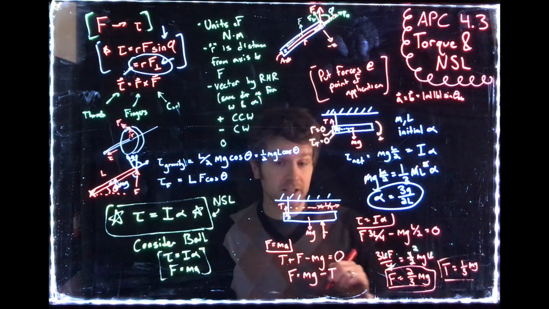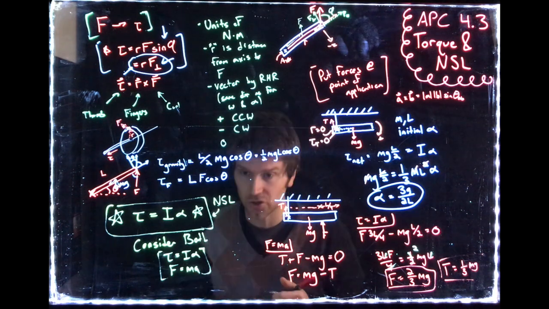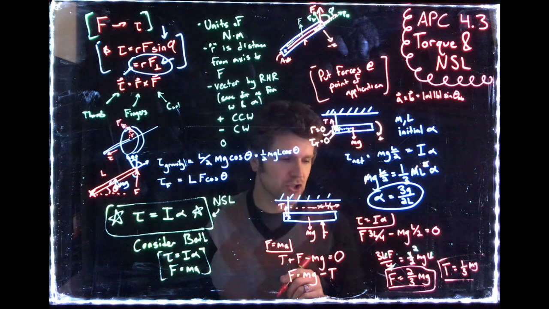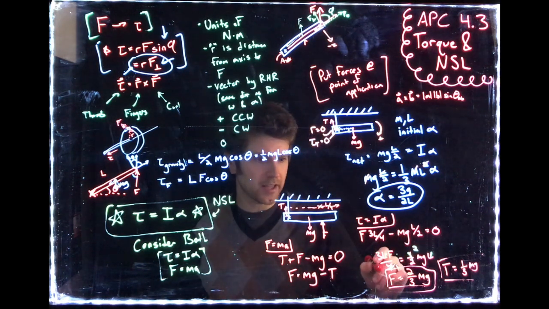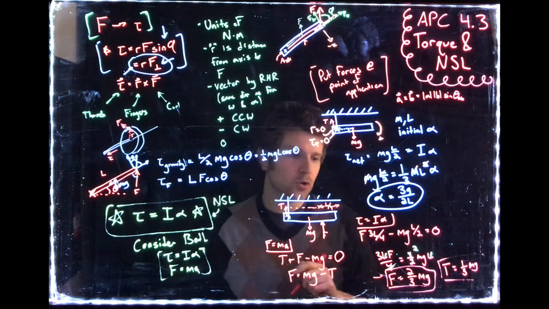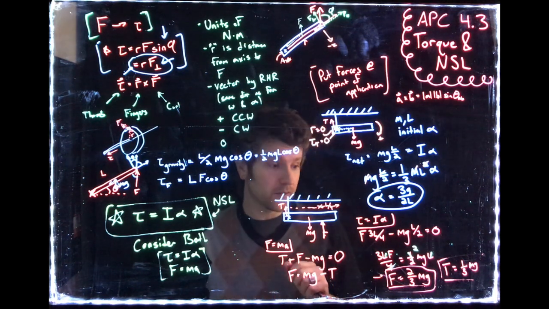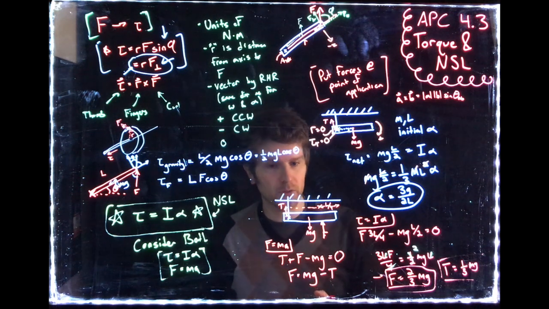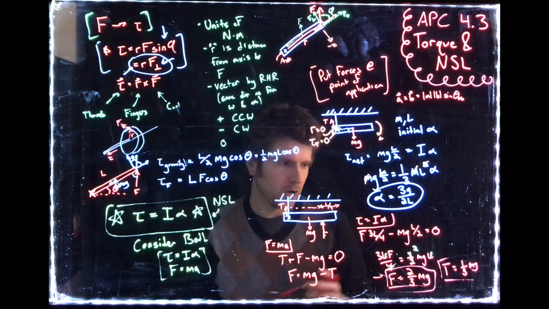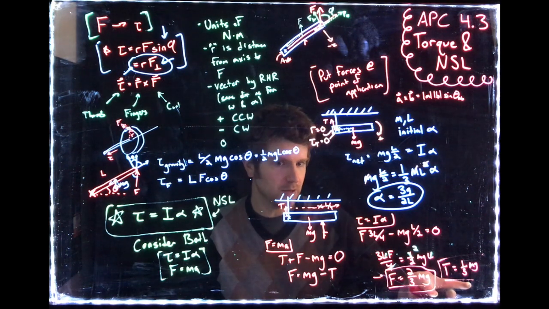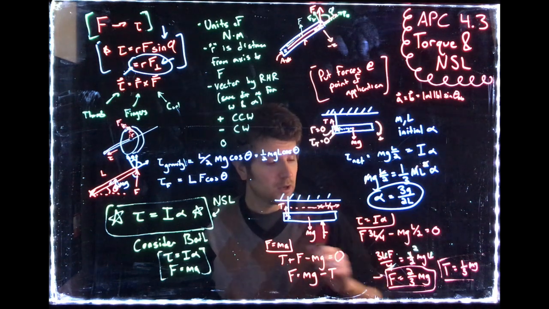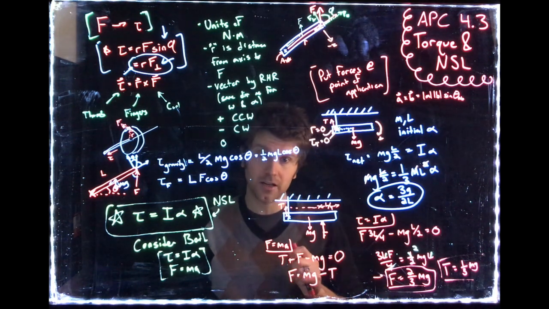So I've solved this little system of equations, and if you think systems of equations are bad words, you better get over that. Whatever the weight of the thing is, if I'm supporting it 3/4 of the way out, I only need to apply 2/3 the weight of the object. Tension's going to supply the rest. So the two of them add up to a full mg to balance out gravity so the thing doesn't fall, and the torques from force and gravity balance out so the thing doesn't rotate either.